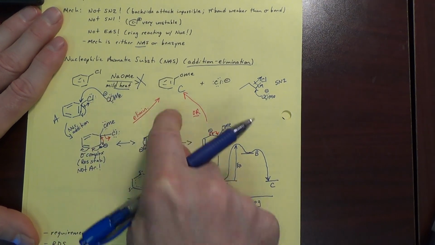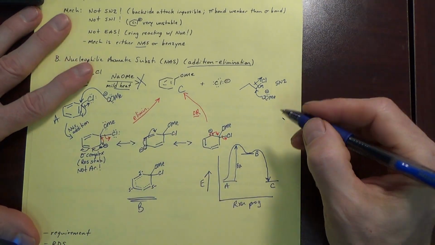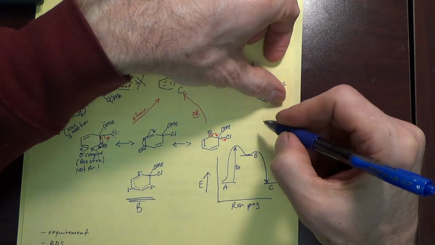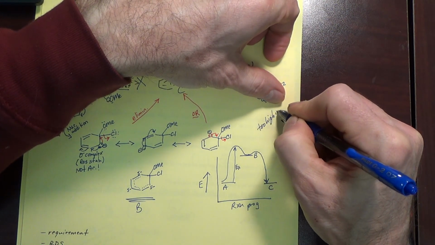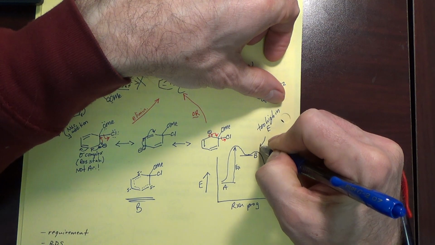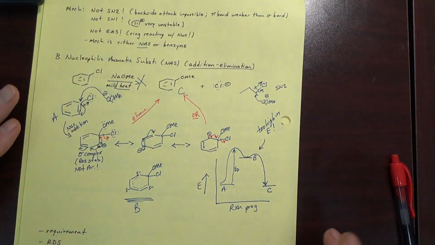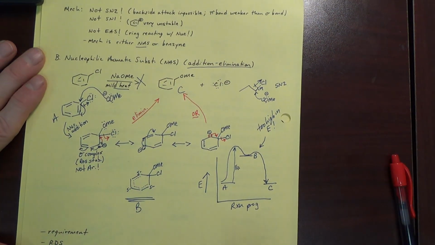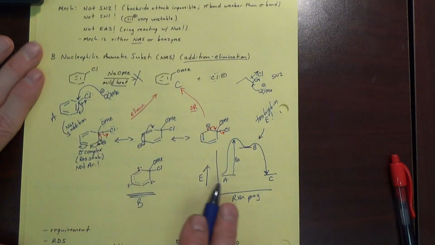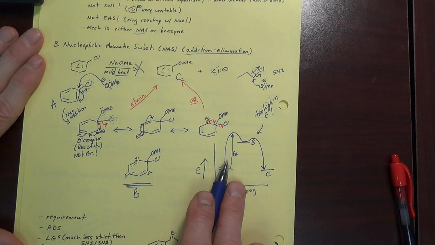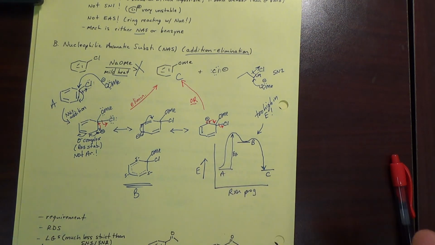The reason this reaction doesn't happen, we must say, is apparently the intermediate is too high in energy. And at room temperature, with mild heat, there's not enough heat to get us over this hump, right? That's why the reaction would not take place.